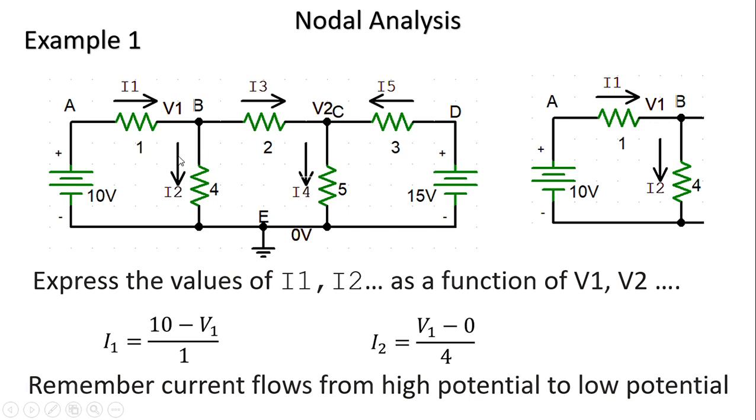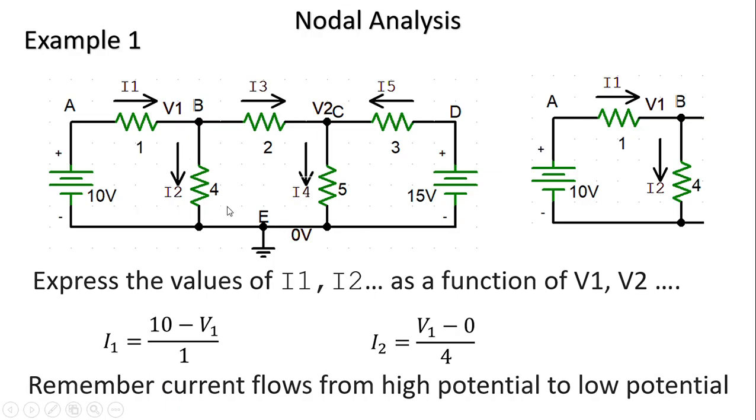It is my assumption. Later, by seeing the value of I2, I have to decide whether the actual current direction is from B to E or from E to B. But as of now, I considered the current direction from B to E.